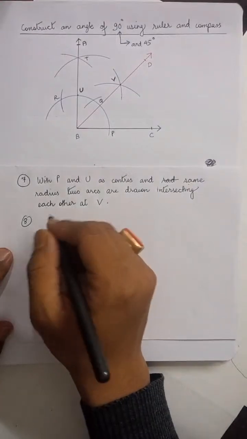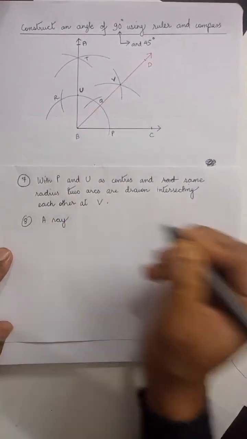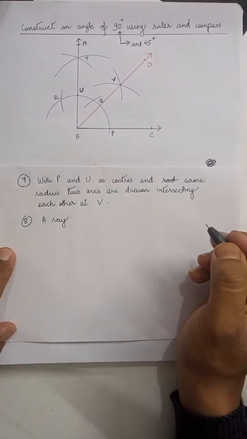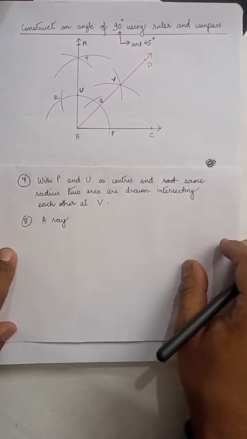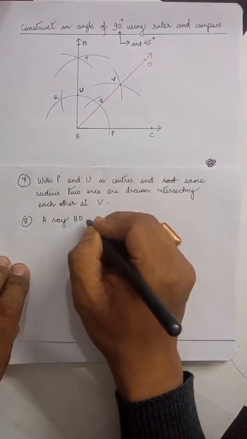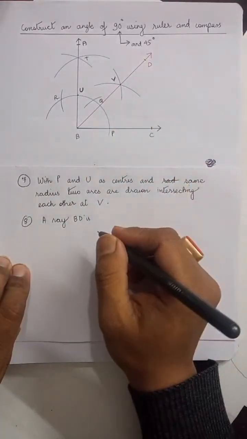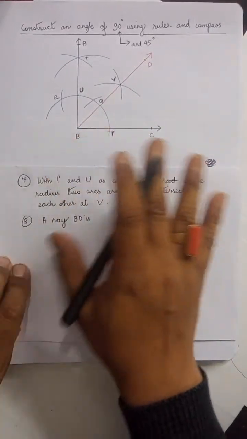So we'll write a ray BD. I hope my handwriting is visible and understandable. I used red color just to differentiate it, otherwise it might look different on camera.